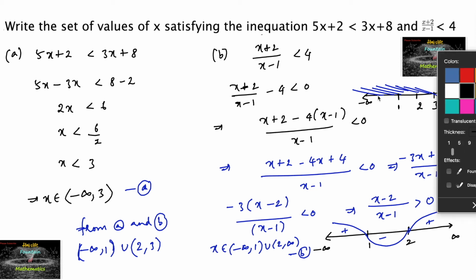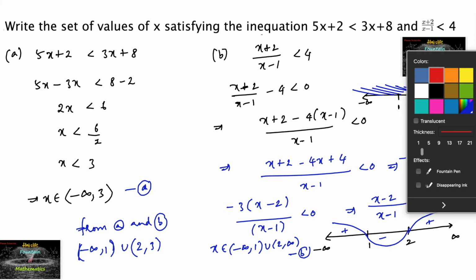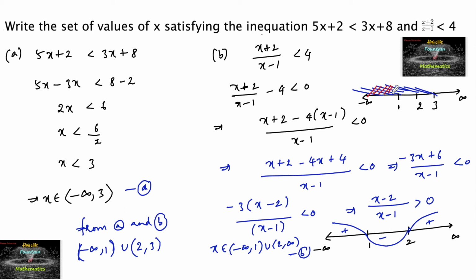So minus infinity to 1 is the red color shaded part, and again 2 to infinity is this part. So from this we can identify the intersection part, that is minus infinity comma 1 and again union 2 to infinity. So these two areas are the common solution. So minus infinity comma 1 union 2 comma 3 is the solution. Okay, right. Thank you.